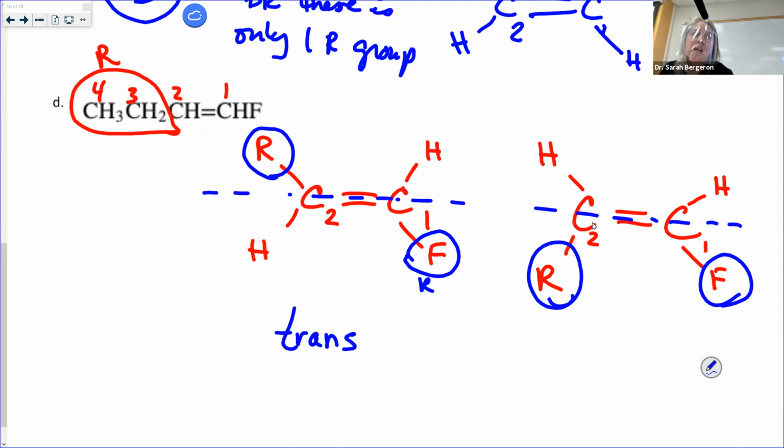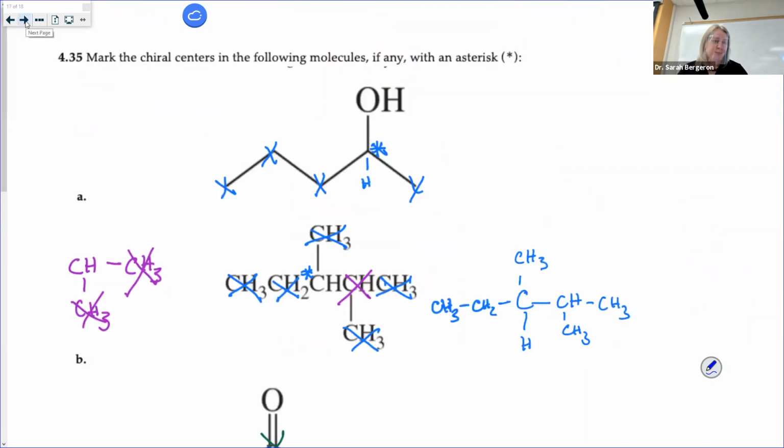So this is what? Cis. How else could I have drawn cis? As both above. How else could I have drawn trans? With the F up and the R down. Right? So really multiple ways to do that. Okay. All right.